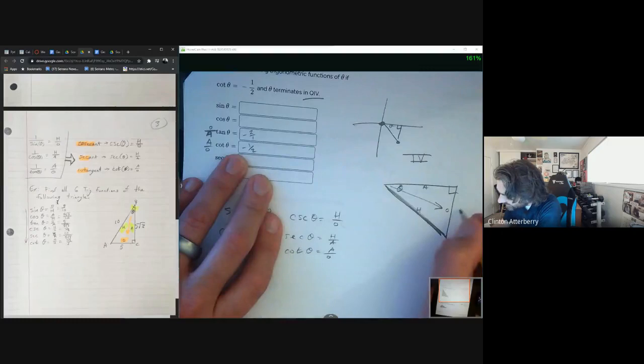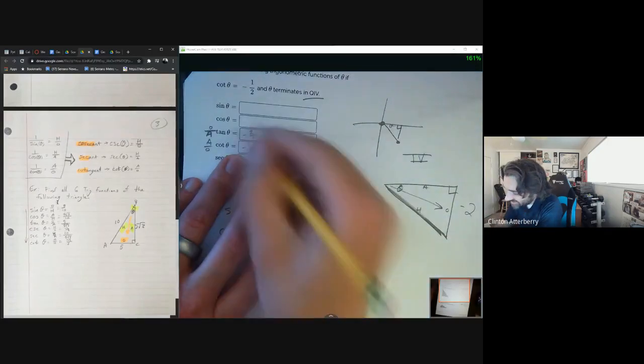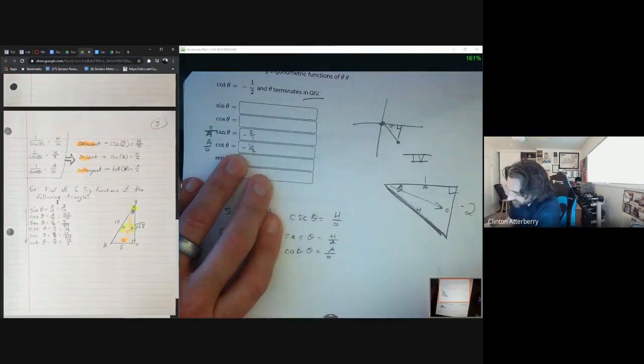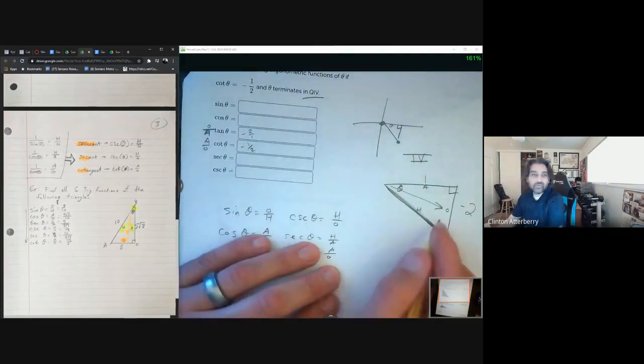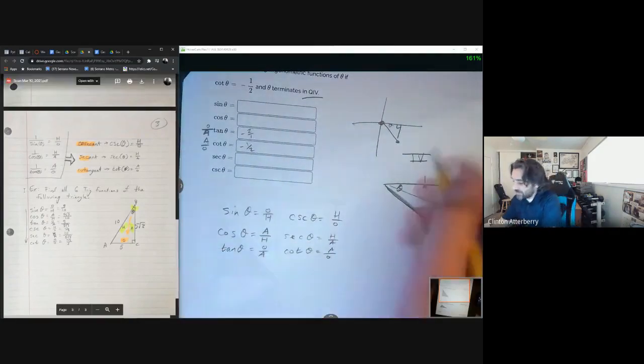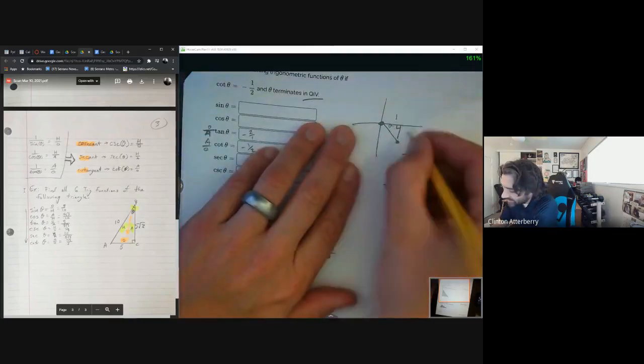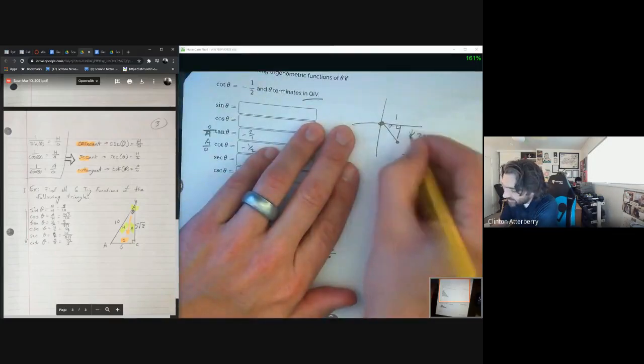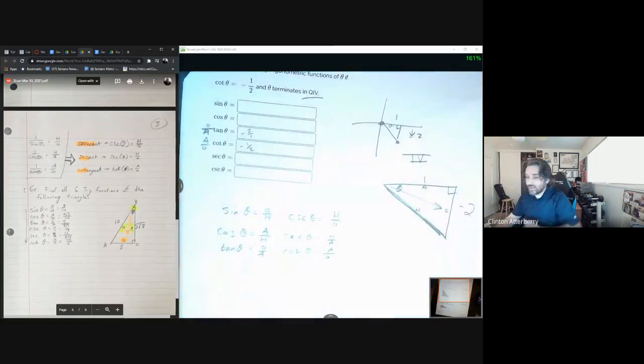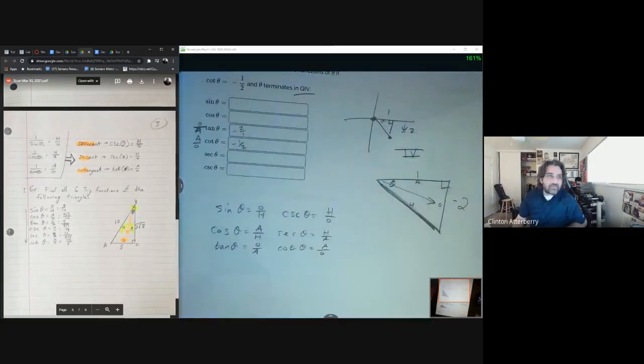It's going to go down 2. And the adjacent, they say, is 1. Because in quadrant 4, think about it, it's like a +1 this way, but it goes down 2 that way. That's why it's -2. So we got to figure out the hypotenuse.